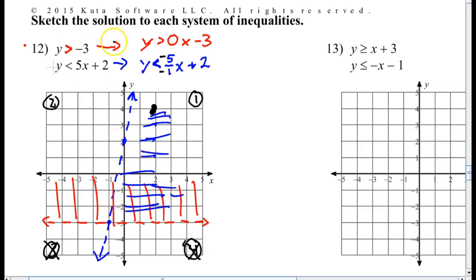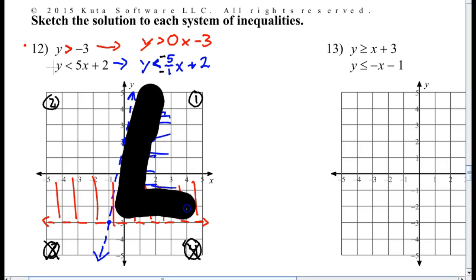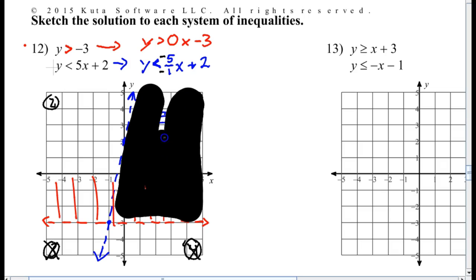Okay, and yeah, you'd end up shading this whole area right here. Now you don't want to get so close to the dotted lines that you can't tell that they're dashed anymore. So be careful, don't get too close and too exact and you can't see that it's a dashed line anymore.